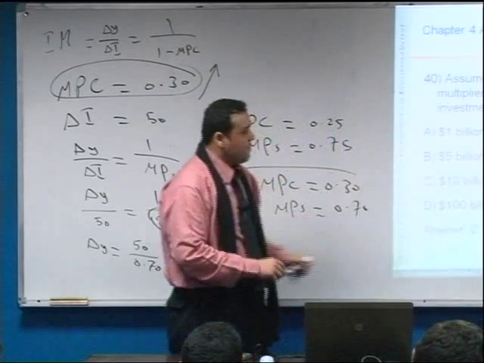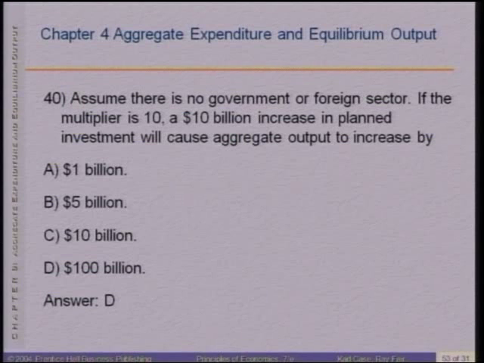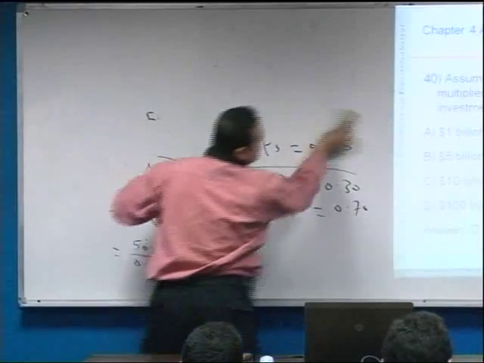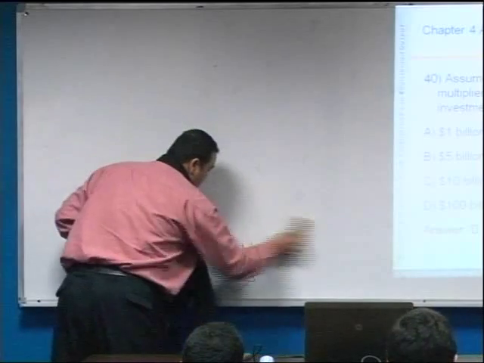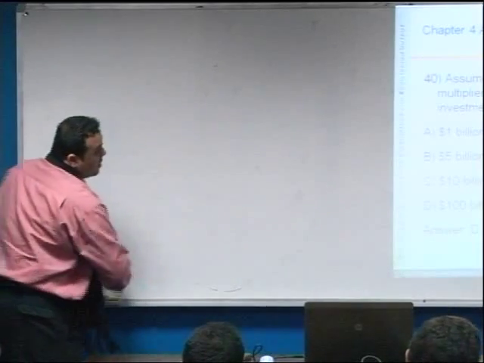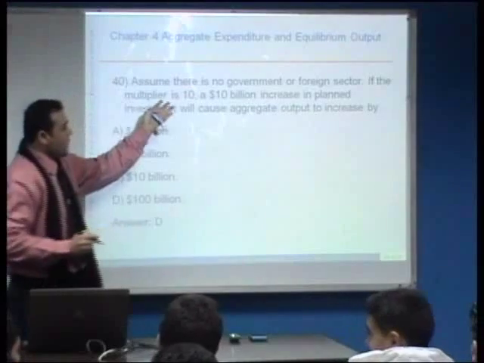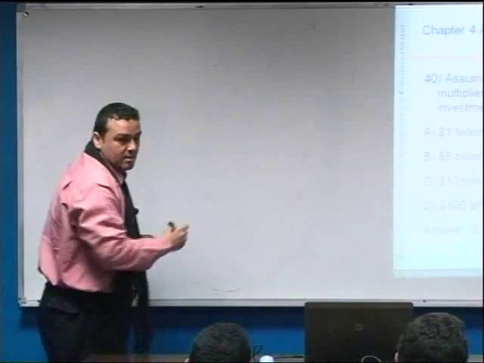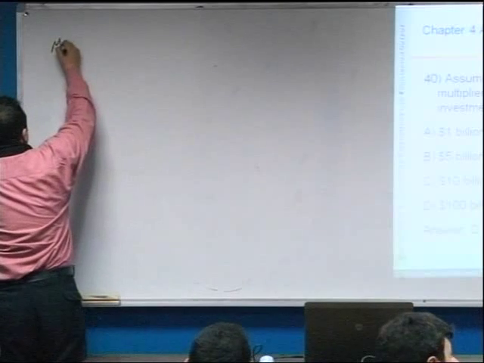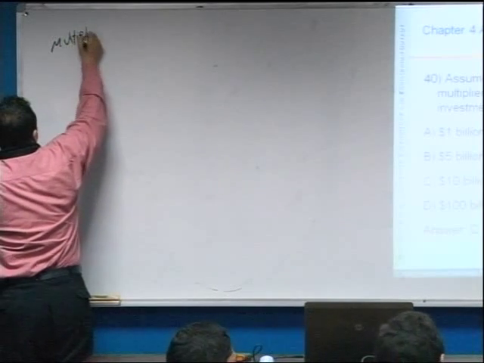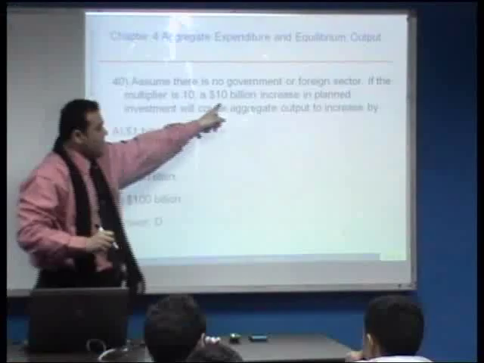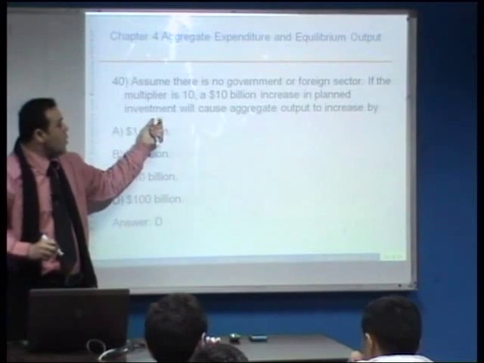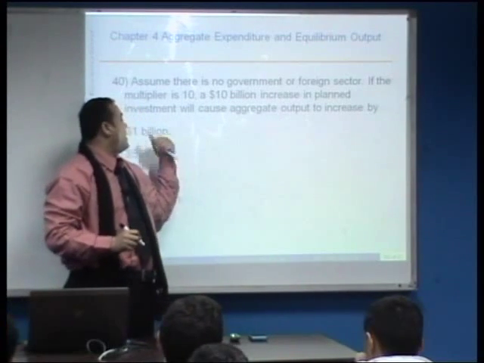Okay, let's go to this example. The question is, assume there is no government or foreign sector. So we don't have a government and we work under the closed economy. If the multiplier equals 10, a 10 billion increase in the planned investment will cause aggregate output to increase by how much?